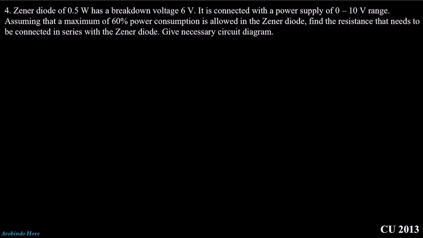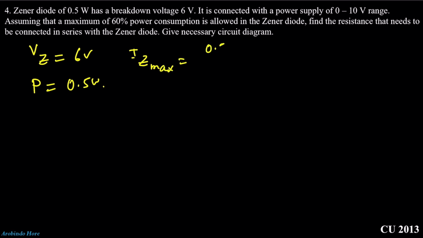A Zener diode of 0.5 watt has a breakdown voltage of 6 volt. That means they provided Vz equal to 6 volt and P equal to 0.5 watt. From here we can calculate Iz max equal to 0.5 watt divided by 6 volt, which equals 83.3 milliampere.